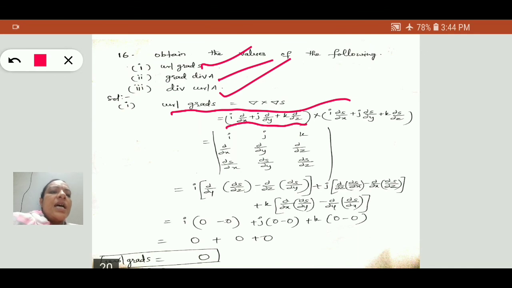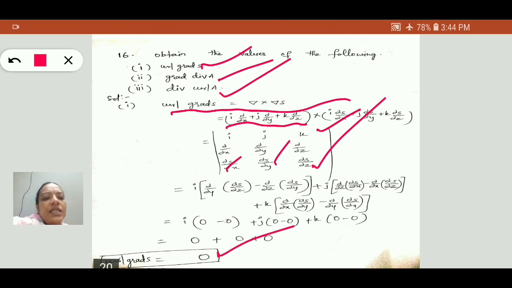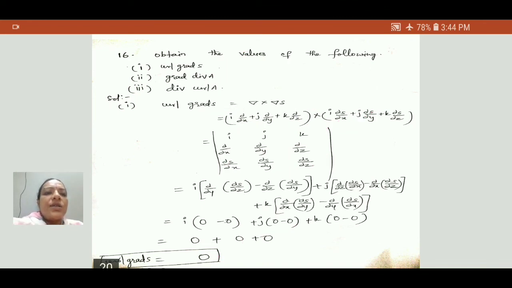We get the answer. i, j, k, dou by dou x, dou by dou y, dou by dou z, dou S by dou x, dou S by dou y, dou S by dou z. If we calculate the determinant, we get this value as 0. Just try to get the answer.